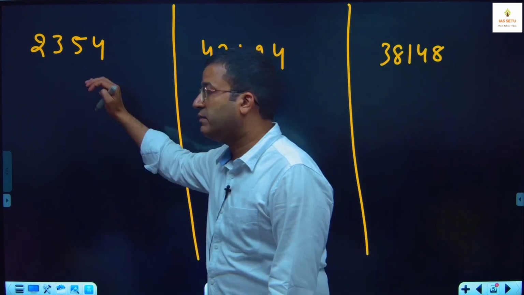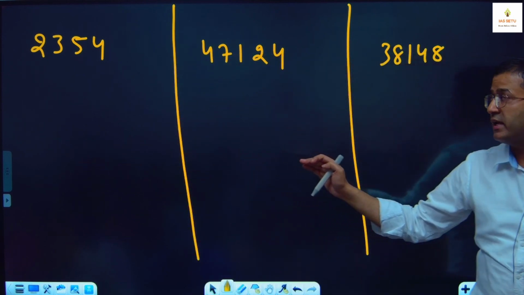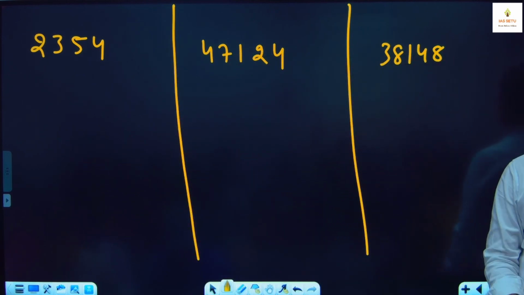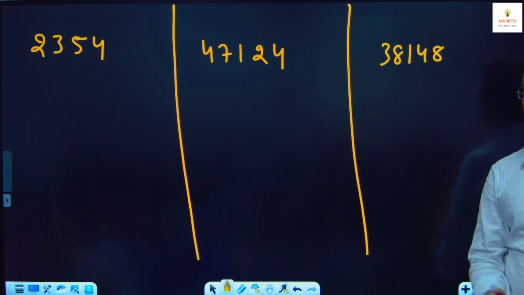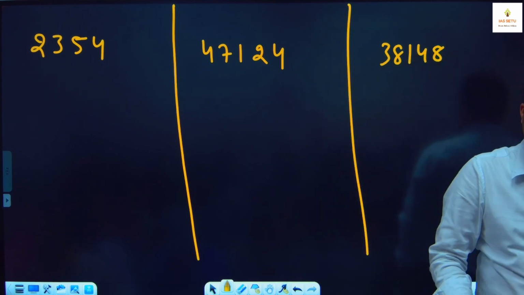Check if this number is divisible by 11, yes or no. Check if this number is divisible by 11 or not. Acha, you ask me, I'm going from right to left. If you want to go from left to right, you can go. There is no issue.